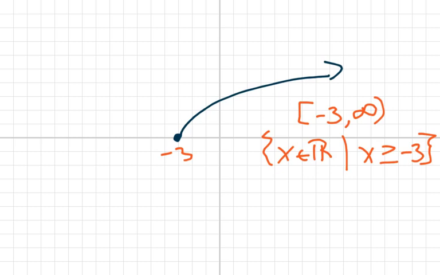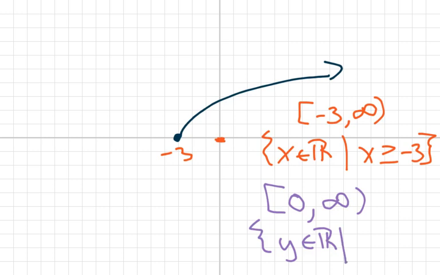The range, we're starting here, so it's 0, so we're going from 0 to infinity. And y belongs to the reals. However, y must be bigger than or equal to 0. Okay?